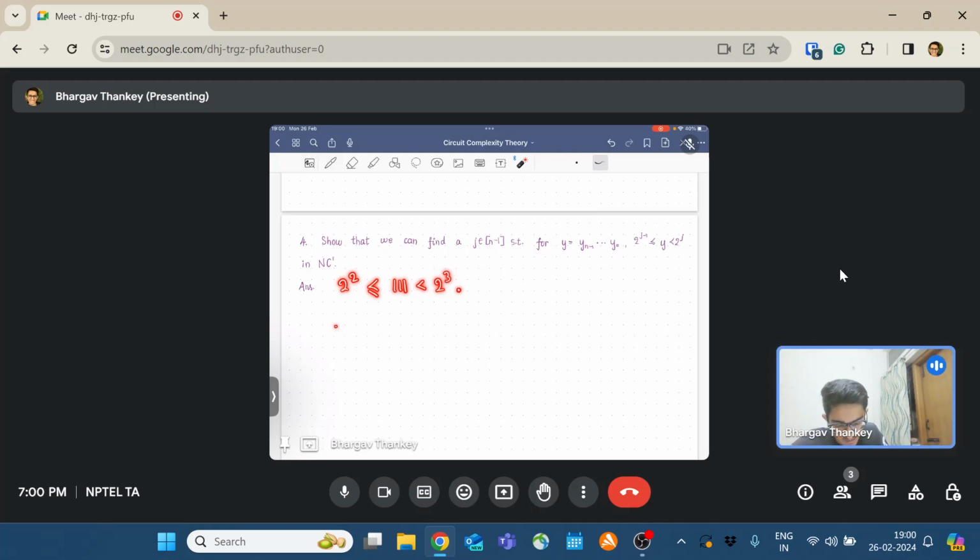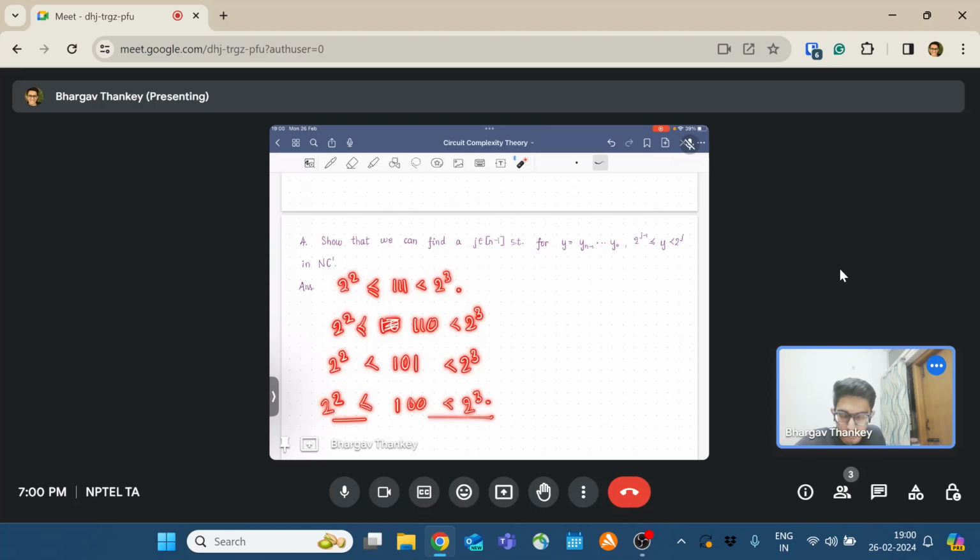Similarly, 2 square is less than or equal to 110, less than 2 cube, 2 square is less than 101, and 2 square is less than or equal to 100, less than 2 cube. So whenever the first bit is 1, you get this. When the first bit is 0, this would be 2 to the 1 and 2 square.